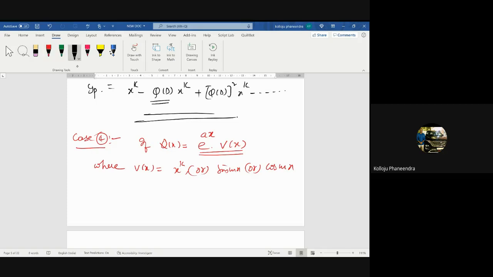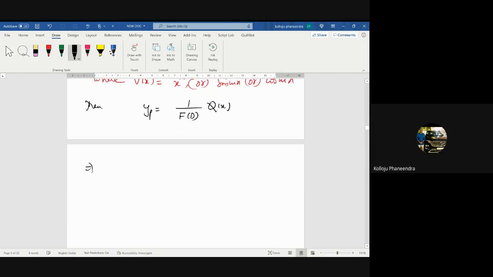Then yp is equal to what? 1 over f of d into q of x. This implies, listen carefully, 1 by f of d into e power ax into v of x.